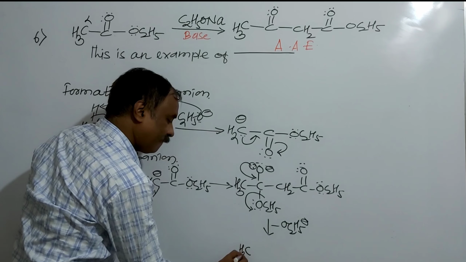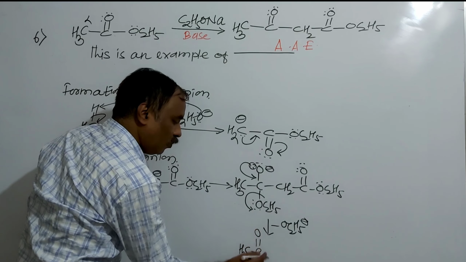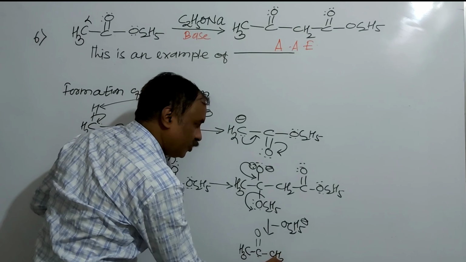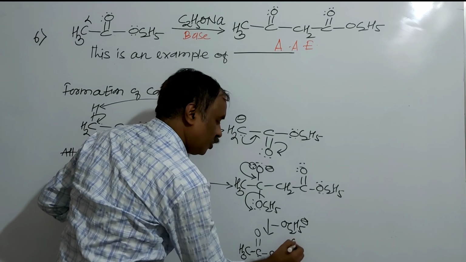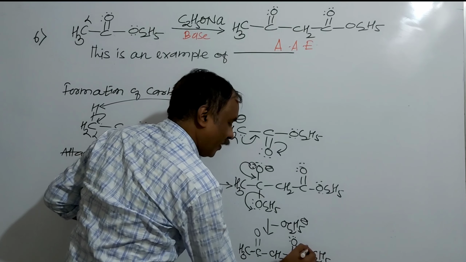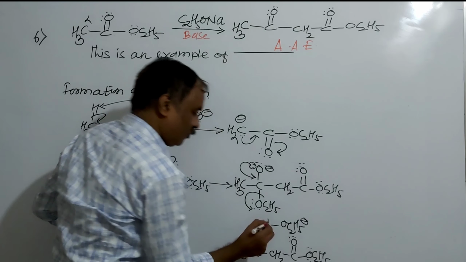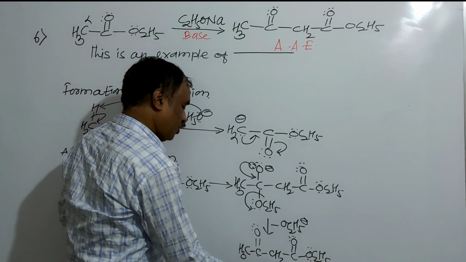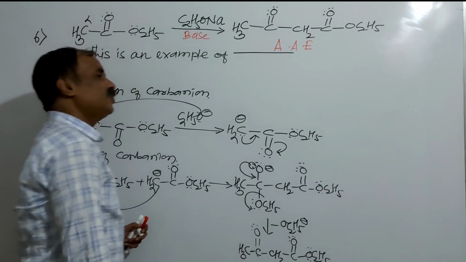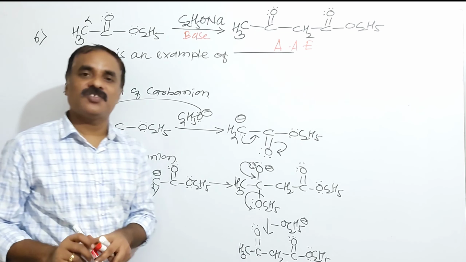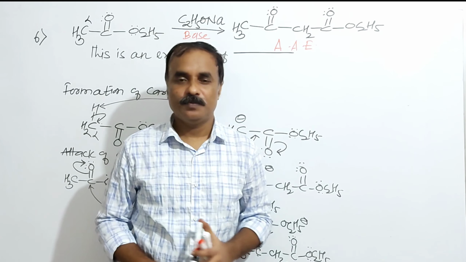CH3, C double bond O, CH2, C double bond O, OC2H5. This is acetoacetic ester. So this reaction is said to be Claisen ester condensation. So the answer is Claisen ester condensation.